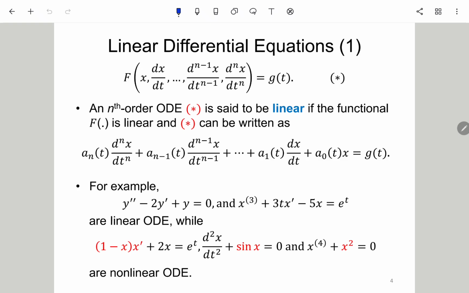For the first equation, x is the unknown function, and t is the independent variable.